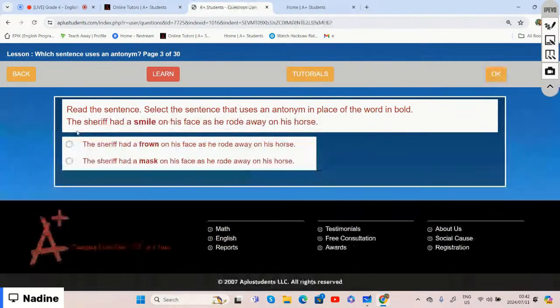The next one says the sheriff had a smile on his face as he rode away on his horse. What is the opposite of smile? Either the sheriff had a frown on his face as he rode away on his horse, or the sheriff had a mask on his face as he rode away.